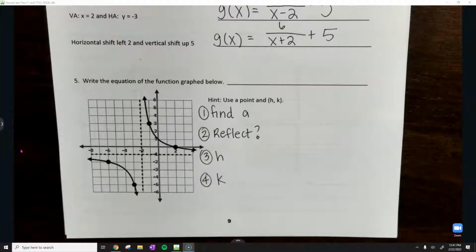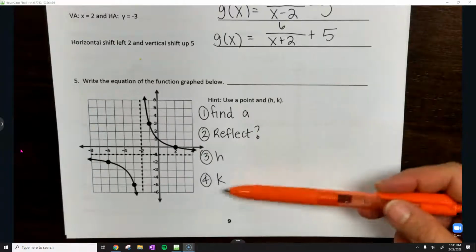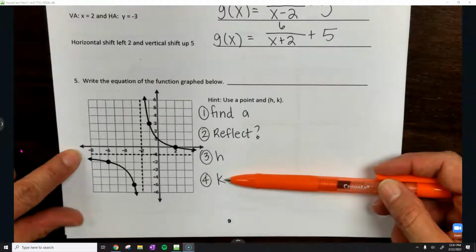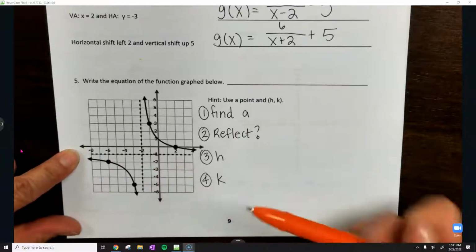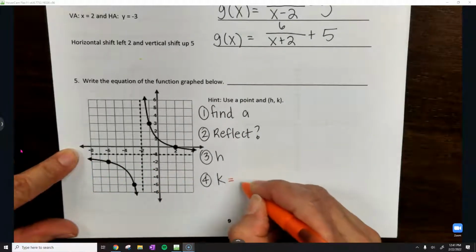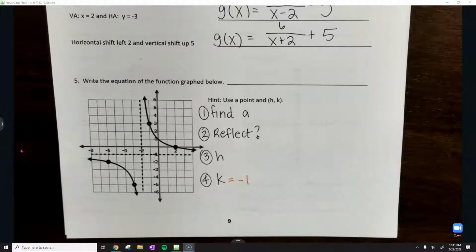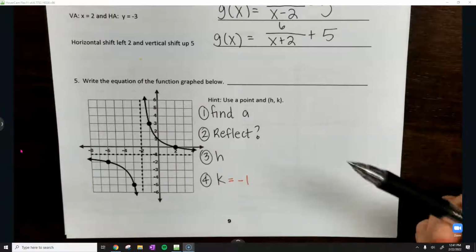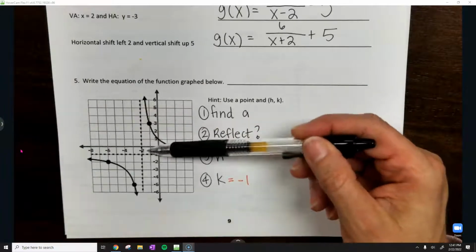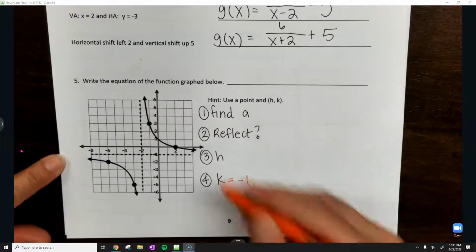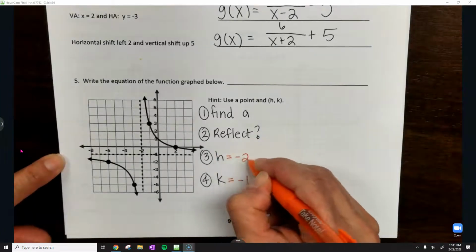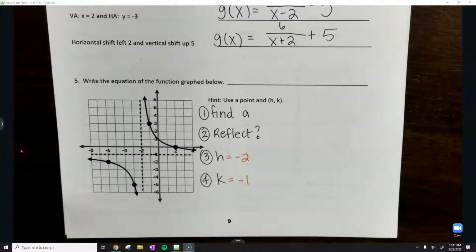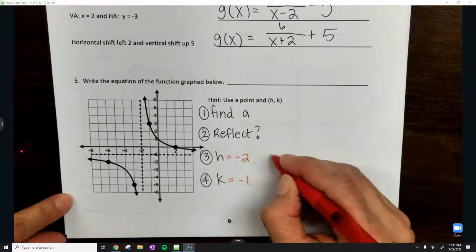Okay, so I'm going to work from the bottom up. The k value, remember, is just going to be your horizontal line. You have a horizontal line at -1. K equals -1. Now remember, your h value is the vertical line at -2. So h does equal -2. But remember, in your equation, it has to be the opposite.